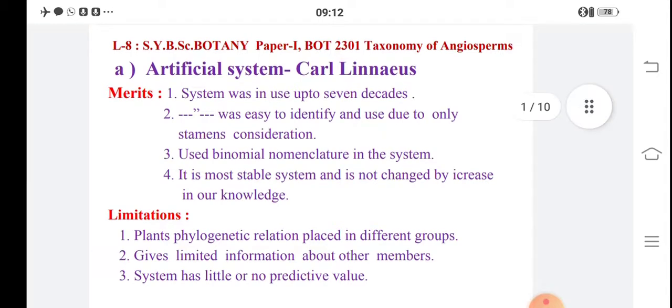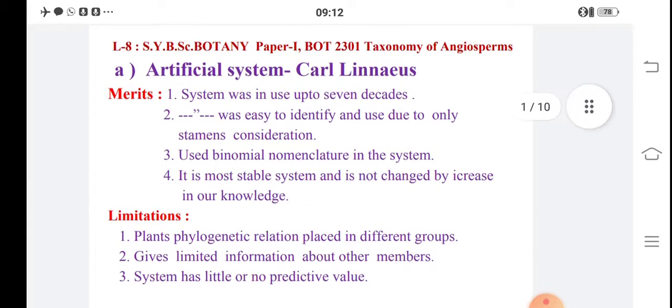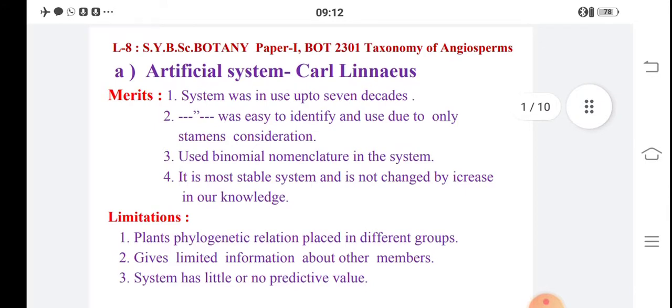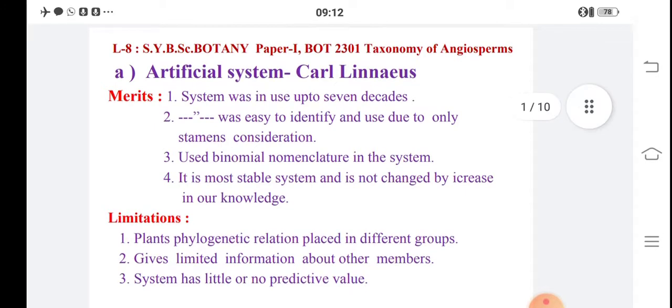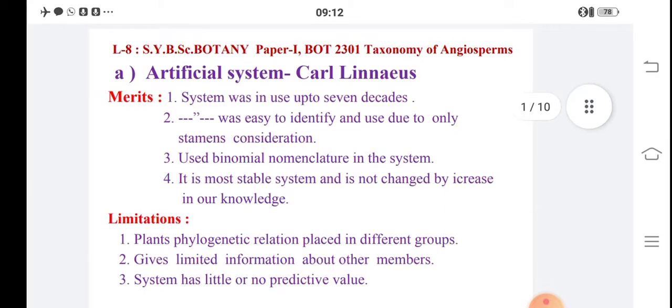The artificial system was in use for up to 7 decades, that is, near about 70 years, by the world. This system was easy to identify and use due to only the stamens concentration, as we have just seen. So this is one merit.